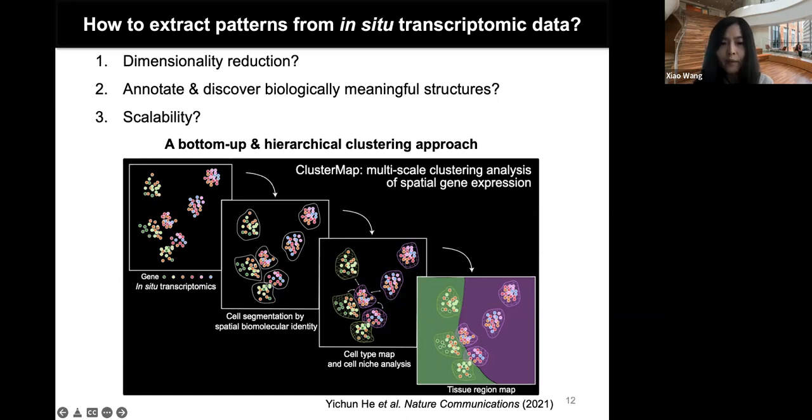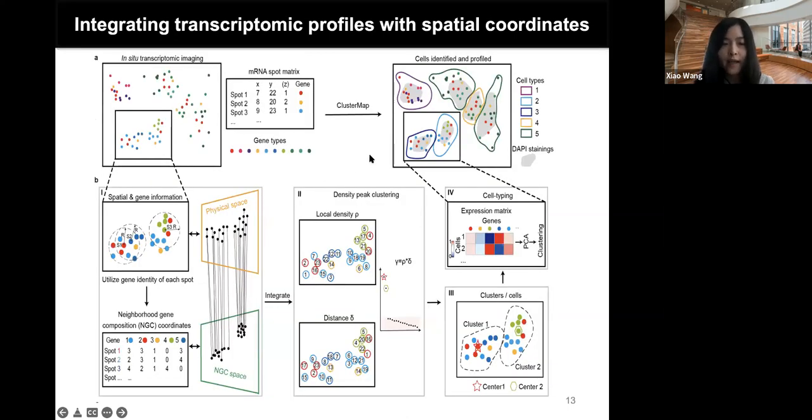So I will start with a brief introduction about how we do this cell segmentation. The way we think about this question is that we have two basic facts. One is there is a higher density of RNA inside the cells. And secondly, if there are two different cell types next to each other, very likely they will also have a contrast of gene expression in adjacent cells.